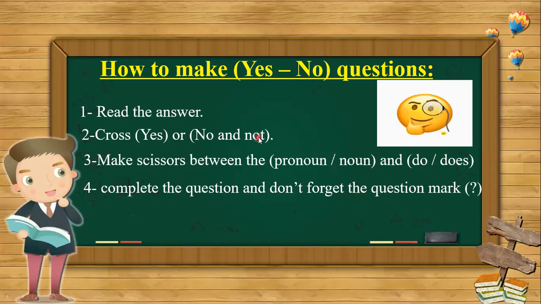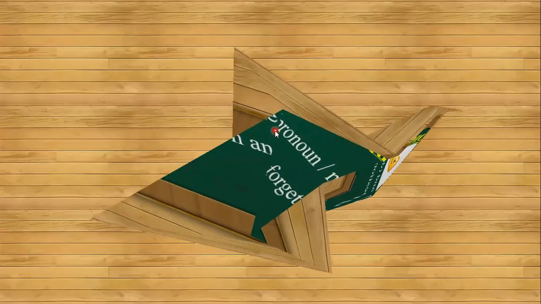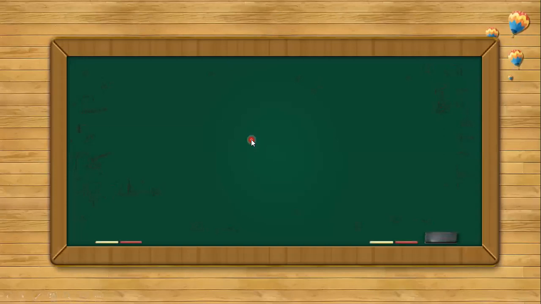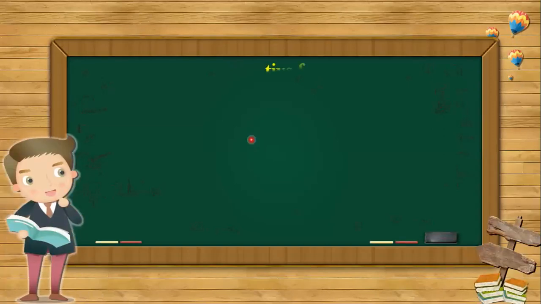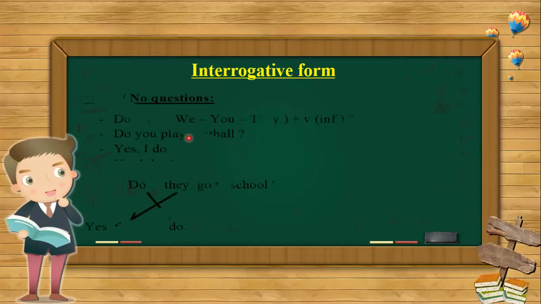Okay, let's see an example here of how we do it. In the yes or no question, I start with do or does.